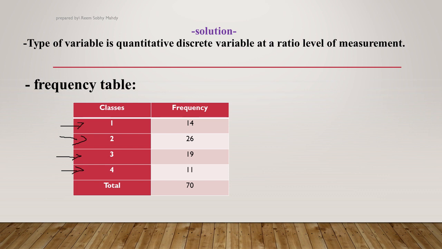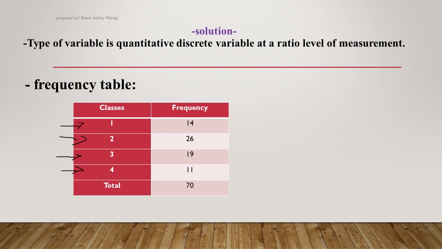If we count the number of 2 children in our raw data, we will find that the frequency is 26. And for the third class, the frequency is 19. And for the fourth class, the frequency is 11. The total of the frequencies is 70. And this means that the 2 properties are available, which are mutually exclusive and collectively exhaustive.